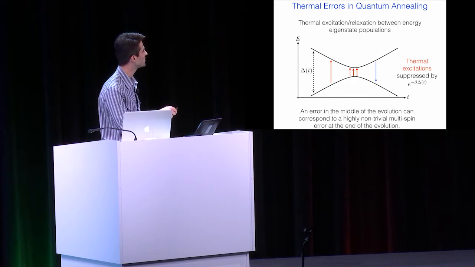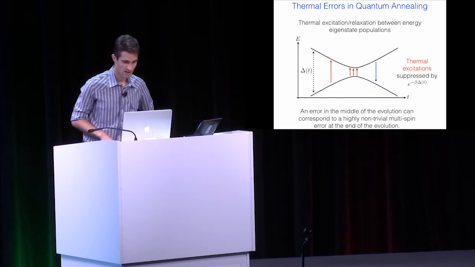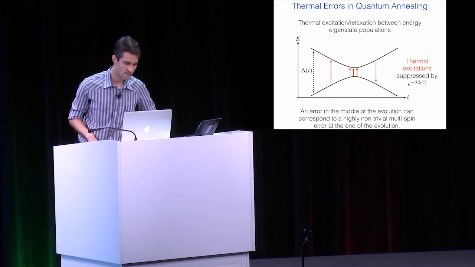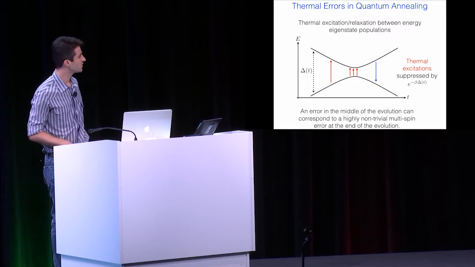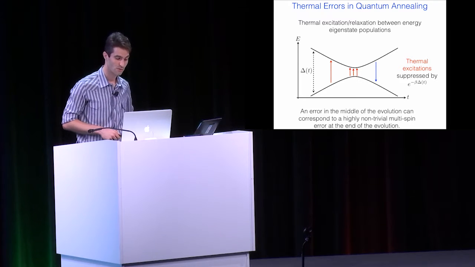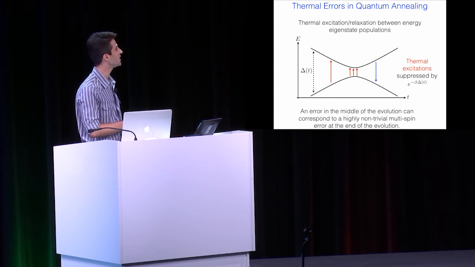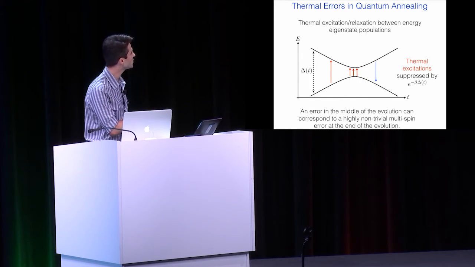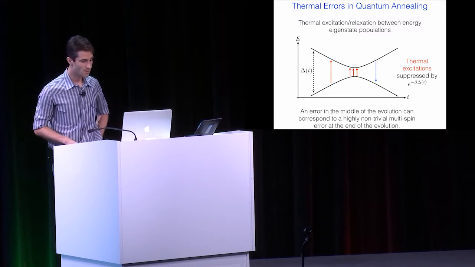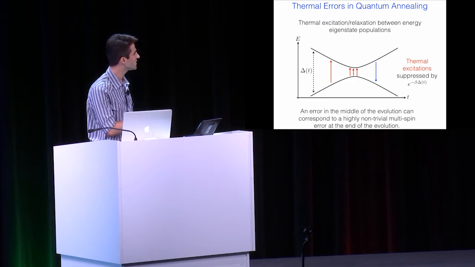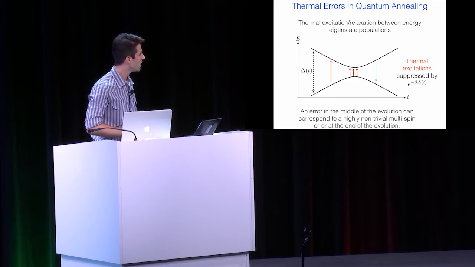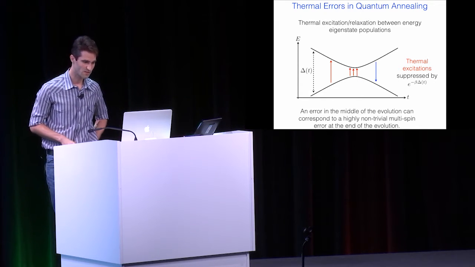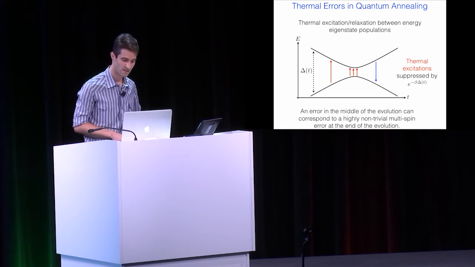Let's say this is my ground state, and this is the first excited state. Decoherence in the energy eigenbasis just means that I'm going to have thermal excitation and relaxation between these energy eigenstates. The instantaneous gap is going to be delta of T. The key thing to remember is that thermal excitations are suppressed by e to the minus beta times the instantaneous gap, where beta is the inverse temperature.